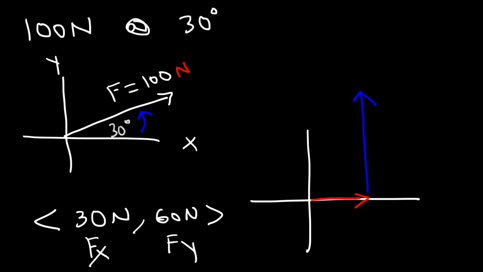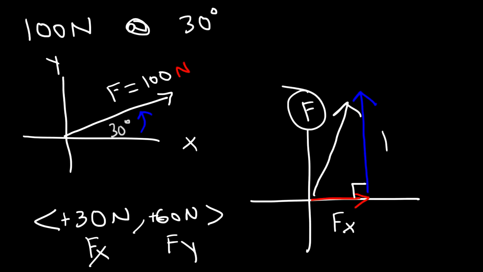So it's twice as long. But because both are positive, they're both in quadrant 1. So this is F. The hypotenuse of the right triangle is the actual vector, and this is Fx, the x component of F, and this is Fy, the y component.